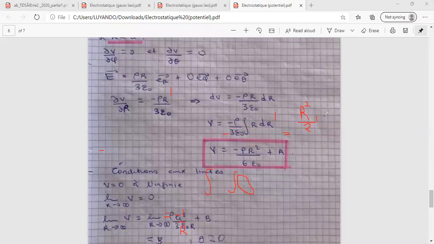Let's not forget the constant. So we're going to have plus a constant, which is what we have here. So this, we're going to multiply it to our actual V. So we're going to have V equal to negative rho R squared over 6 epsilon 0 plus A, because this 3 will multiply with this 2, and the R squared over epsilon 0 plus our constant, which we've named as A. Are there any questions?